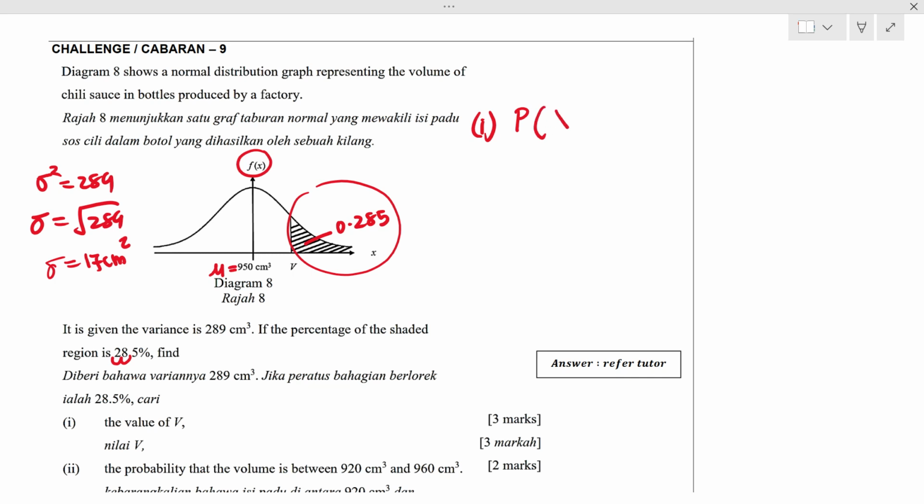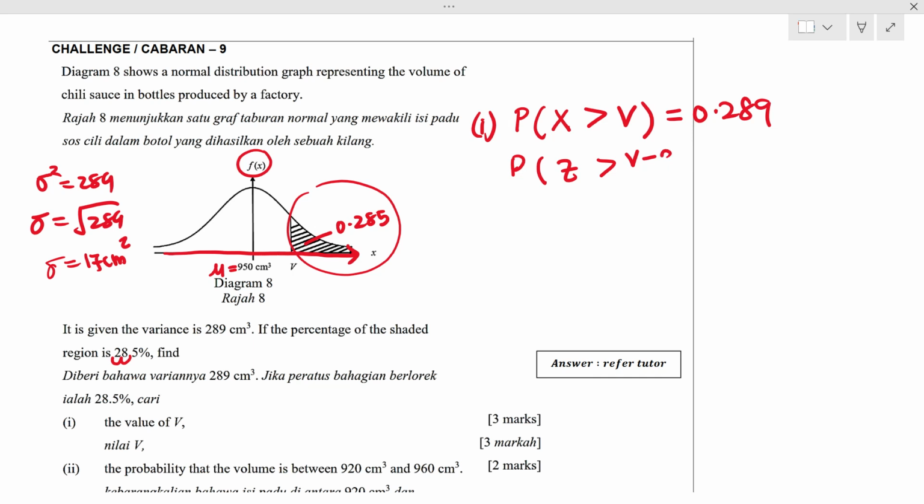That means probability of what? Probability X. This one is the X-axis, you know. 950 here, so it is X more than V equals 0.285. Now we cannot find the value using the X value, so we need to change it to Z.